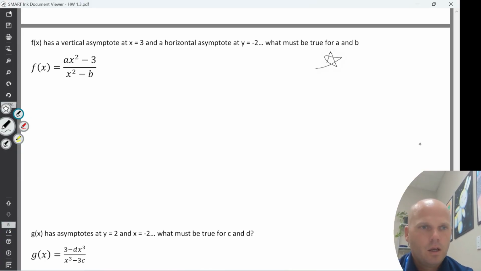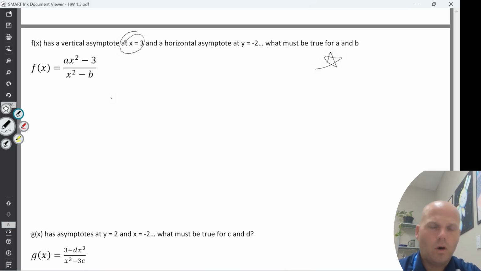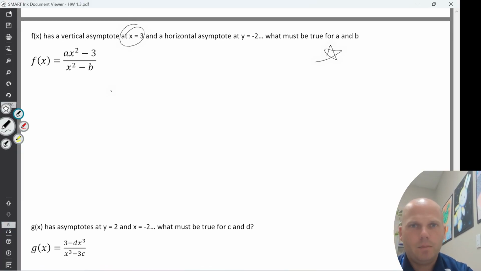All right. We have a vertical asymptote at x equals 3. We have a horizontal asymptote at y equals negative 2. What must be true for A and B?